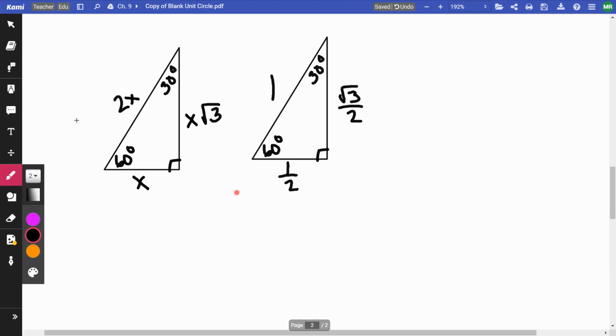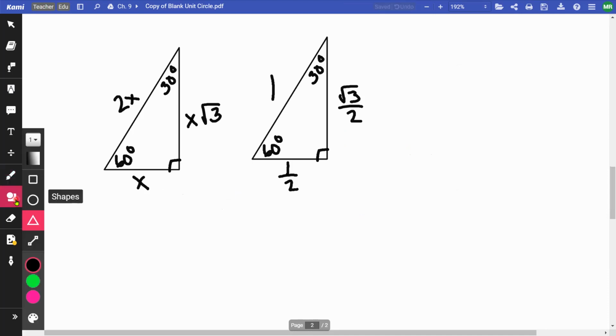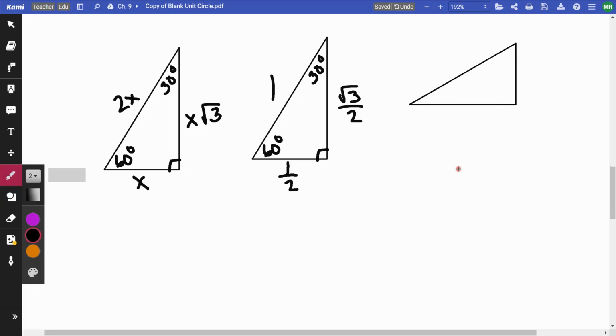Now, I'm going to draw another right triangle next to it, and this time I'm going to have it be a 30-60-90, where this right here is my 30 because across from it is my shortest side.